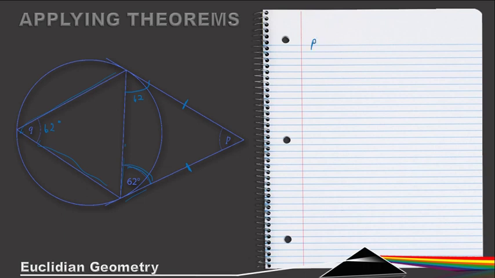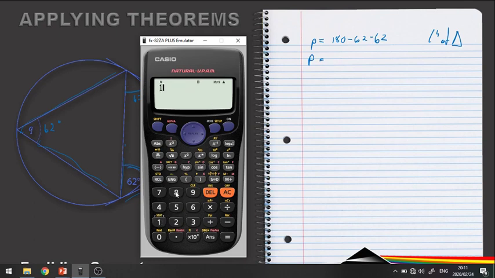So P is then equal to 180 minus 62 degrees minus 62 degrees, and if we walk through everything, we have isosceles triangle, and then we have angles of a triangle. So P will be equal to 180 minus 62 minus 62, which equals 56.